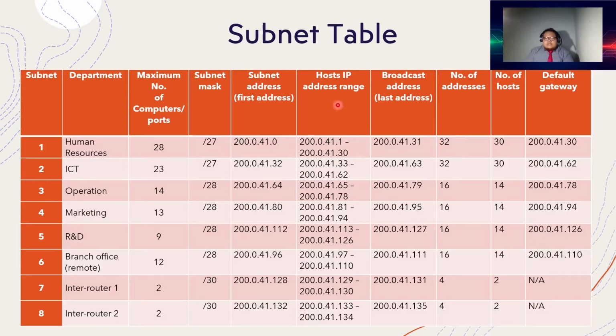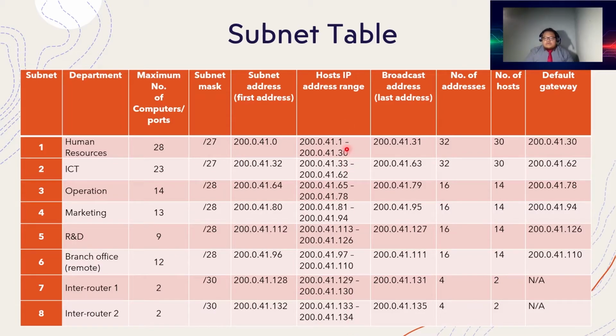Okay, lastly, this is the host IP address range. The host IP address range is the range that we can use for each of the devices that exist in the topology. So from here we can see the host IP address range available for each subnet.